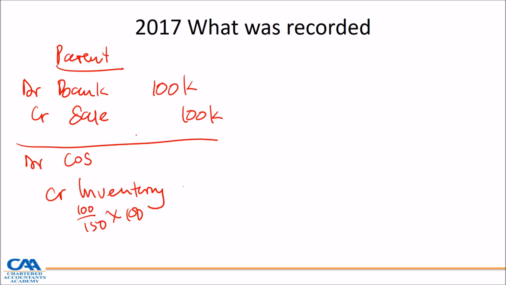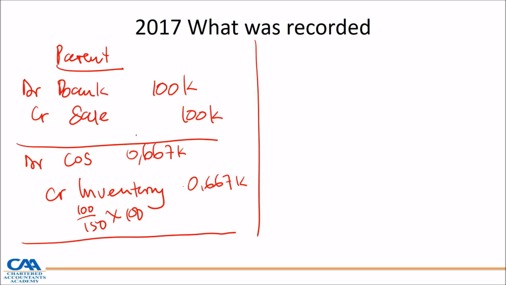And that one is a debit to cost of sales. So this is the amount which was made, 66,667. So this was what was done by the parent company.